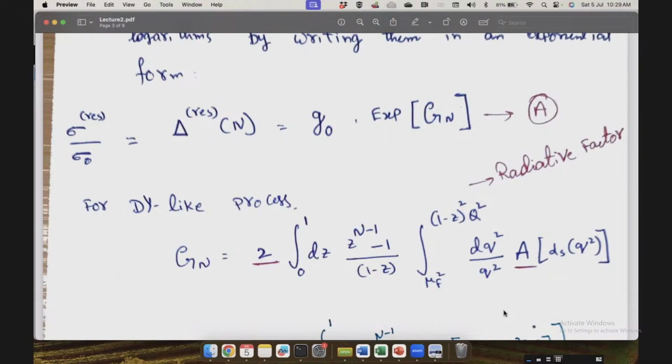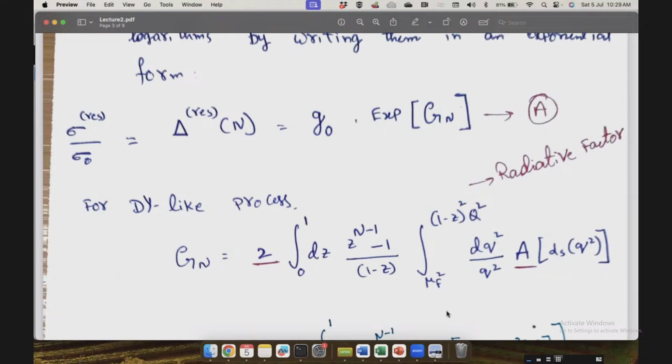In the deep inelastic scattering, you have a quark line in the initial state and a quark line in the final state. So you have one term for the soft collinear gluons emitted from the incoming quark line, which exactly looks like this entire term without factor 2. And there is one term which has the information about the soft collinear gluons emitted from the final state quark line.